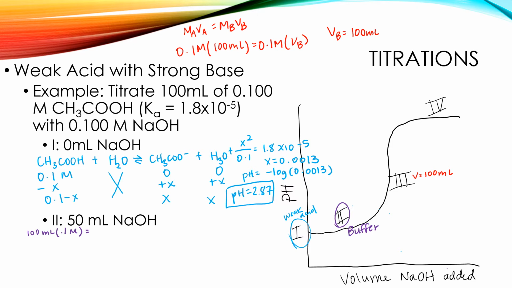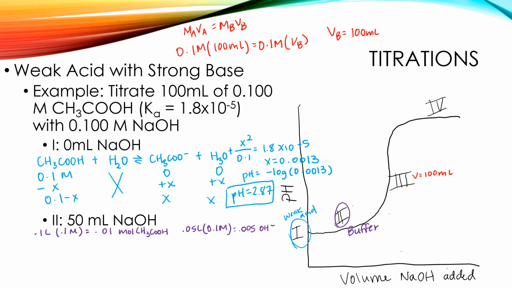Putting this in liters, that's 0.1 liters, so I have 0.01 moles of acetic acid. For my base, I have 0.05 liters times 0.1 molar, so that is 0.005 moles of hydroxide.